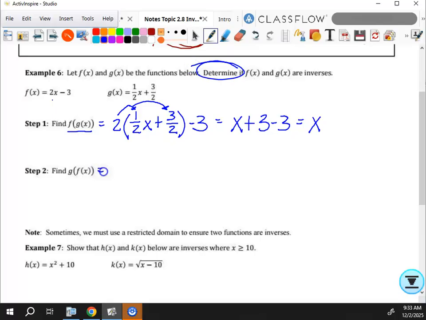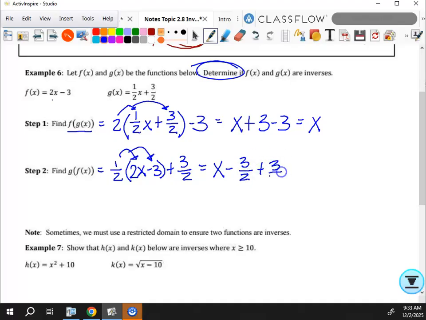So now I'm going to do g of f of x. So I'm going to take f of x, put it in here. So that'll give me 1/2 times 2x minus 3, plus 3/2. So when I distribute my 1/2, that is going to give me x minus 3/2, then plus 3/2. That gives me x.